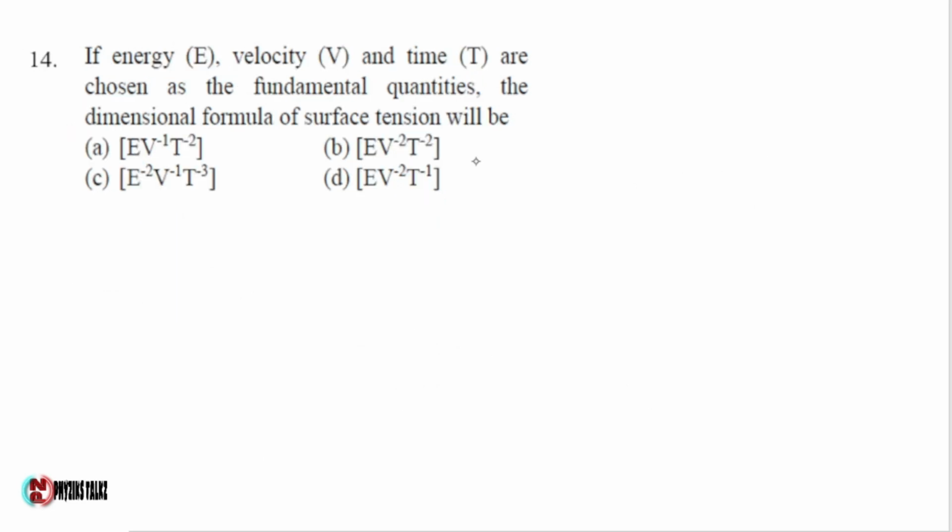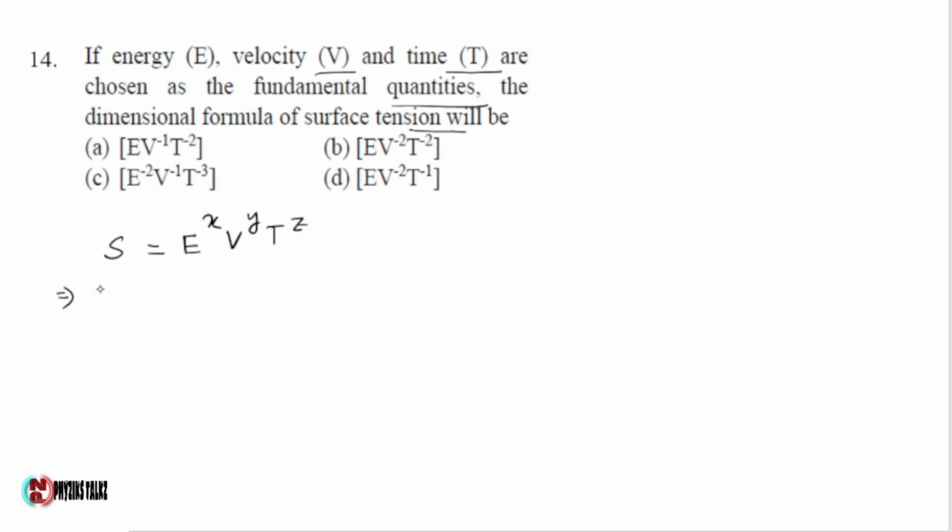Next question. If energy E, velocity V and time t are chosen as fundamental quantities, find the dimensional formula of surface tension. Surface tension S is written as E to the power x, V to the power y, t to the power z. Now put in the dimensional formulas of these quantities.